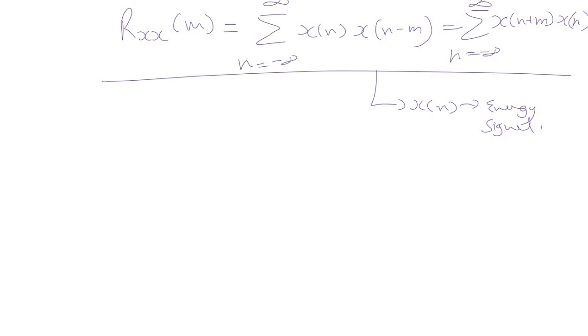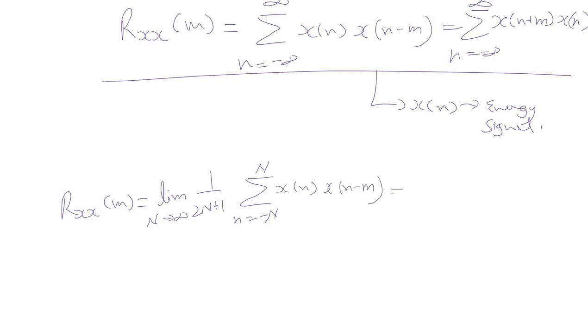Similarly, when x(n) is a power signal, the autocorrelation function can be written as the limit N tending towards infinity of 1 upon 2N plus 1 times the summation of x(n) x(n plus m).